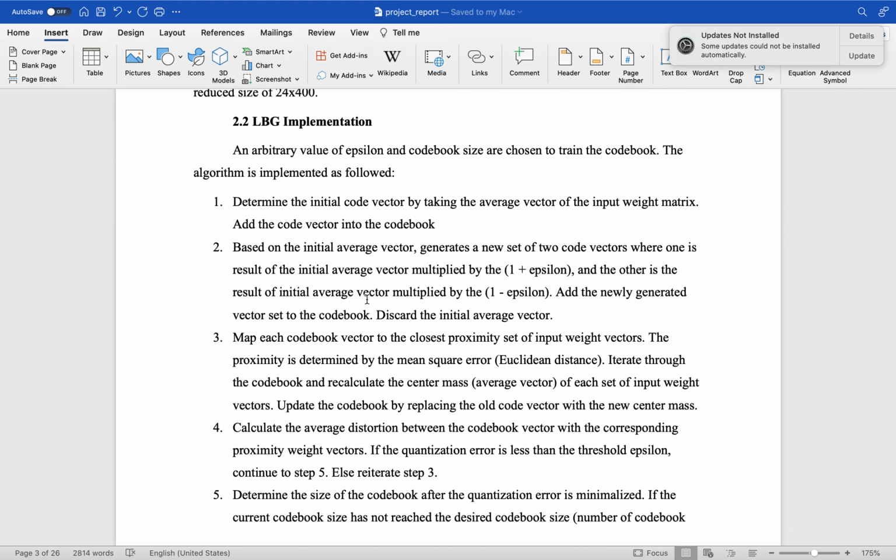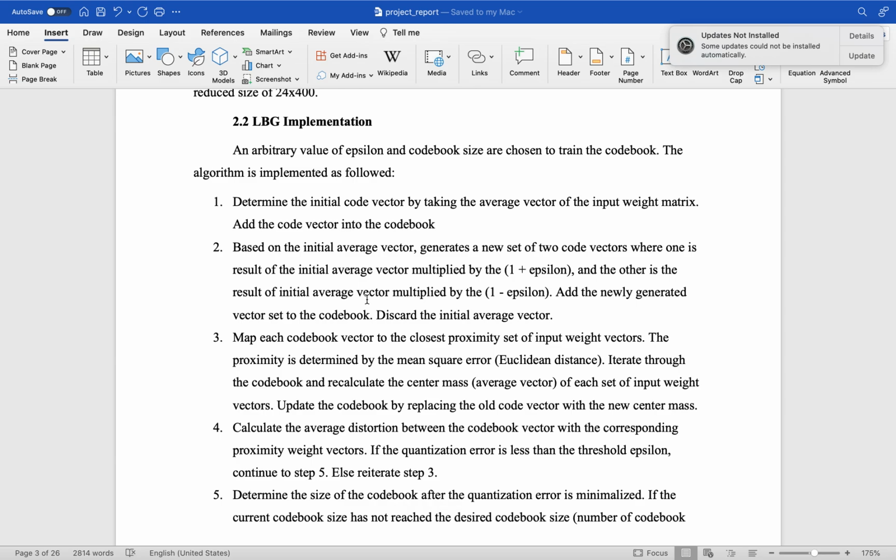For the implementation of the algorithm, firstly we choose an arbitrary value of epsilon. Then the initial code vector is determined by taking the average vector of the input weight matrix, and this code vector is added to the codebook. So we don't start with a full-size codebook. We start with just one initial code vector, which is the average of the entire list of the weight matrix.